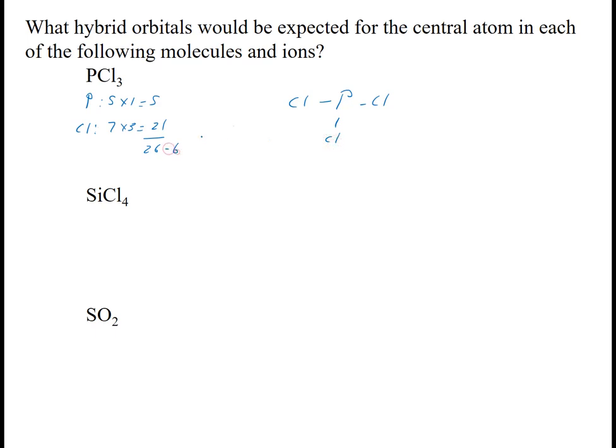So minus 6 gives me 20, then 2, 4, 6, 8, 10, 12, 14, 16, 18. So 2 more goes on top of the phosphorus. So I have 3 outside atoms, 1 lone pair. So there's a total of 4. 3 and 1 is trigonal pyramid.